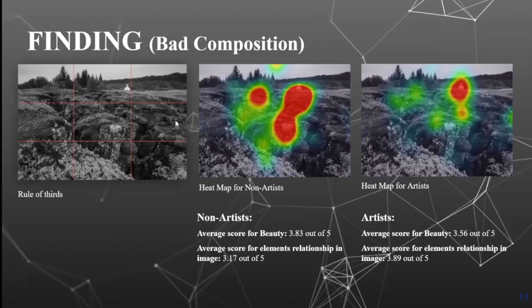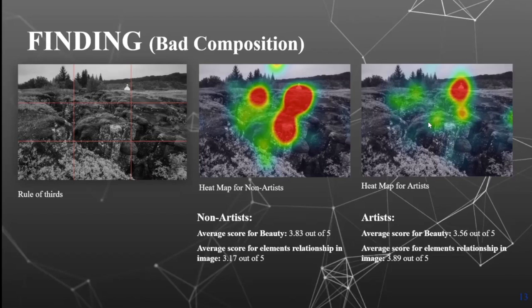But when you look at the average heat map from non-artist people, they look at the foreground, and the artist people usually focused, again based on their rule of thirds background, on the house, which is not really at the rule of thirds, but the house attracted them.